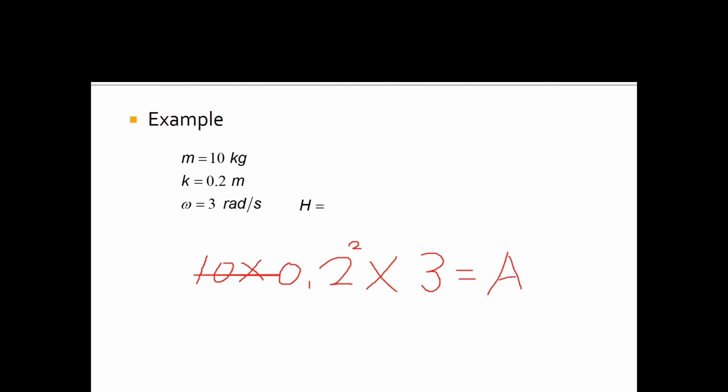So it is mass times radius of gyration squared times angular velocity, which gives the angular momentum. I will leave the rest of the calculation; you can simply calculate this by using a calculator.